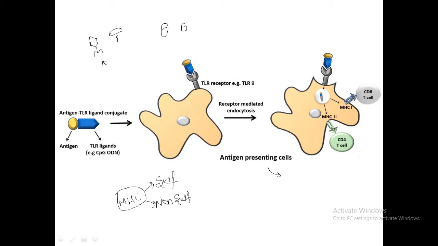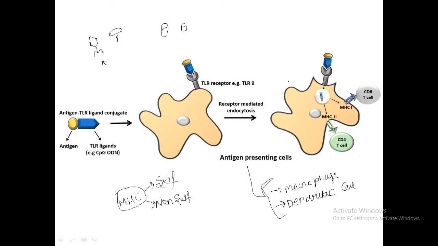Okay, so these antigen presenting cells present this processed antigen together with MHC molecules to the T cells, that are the cytotoxic T cells or the helper T cells that will involve the B cells in antibody mediated clearance.